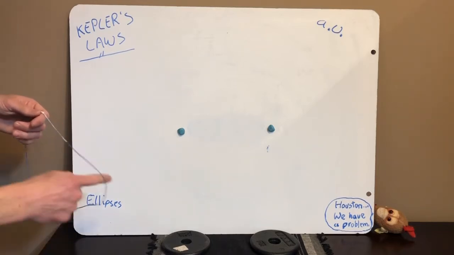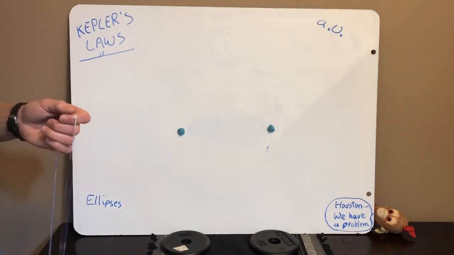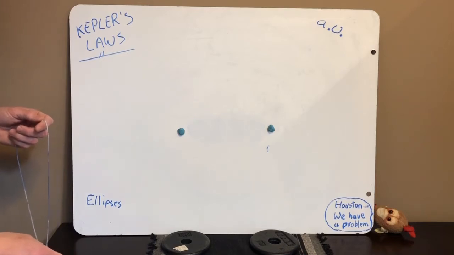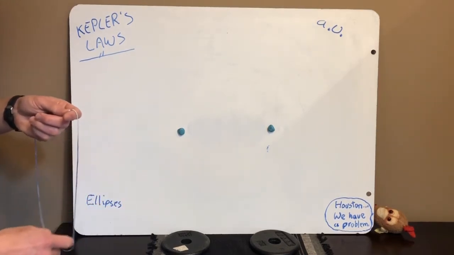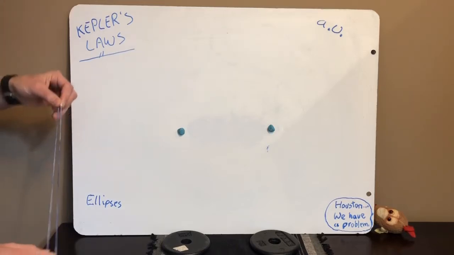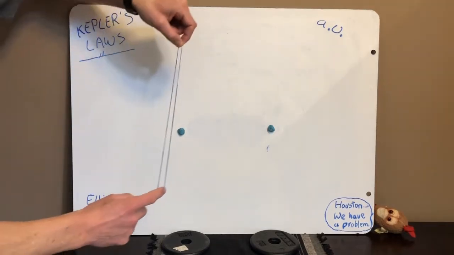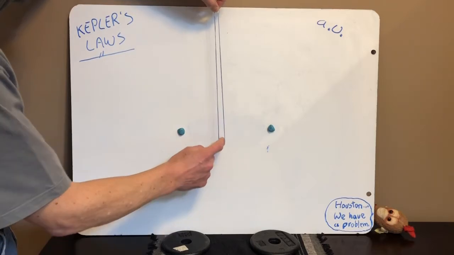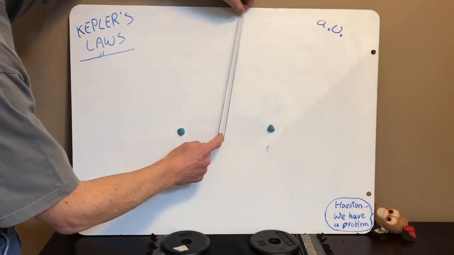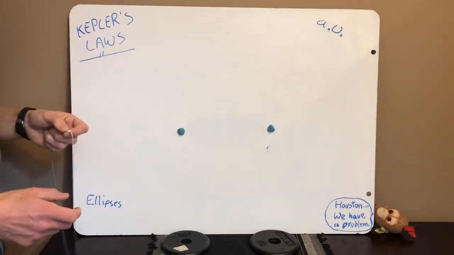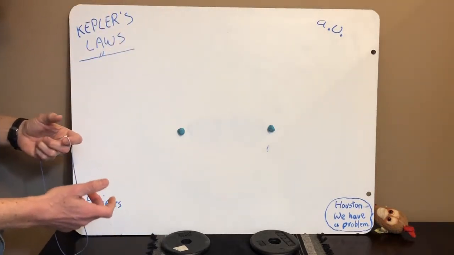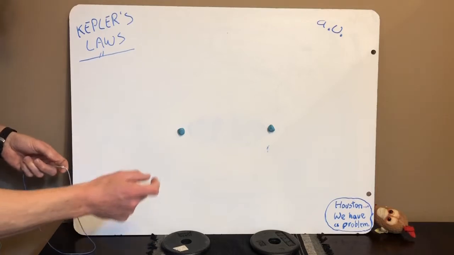Well, if you know how to draw an ellipse, you can understand exactly what a focus is. An ellipse is basically like a circle with 2 centers. If you want to draw a circle, you use a compass. The pointy end goes to the center and the pencil traces the circle along the edge. Well, an ellipse is kind of like a circle with 2 centers.